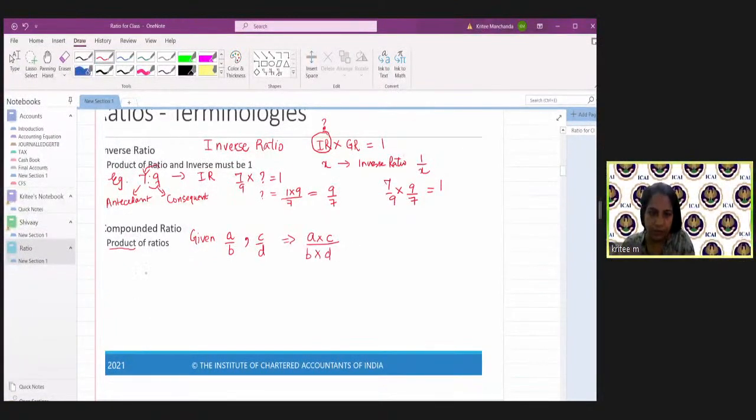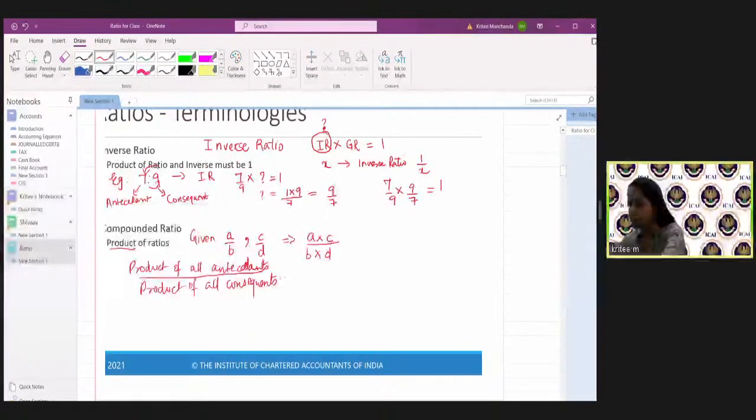So it is simply product of all antecedents divided by product of all consequents. I hope this makes sense and this is interesting also.